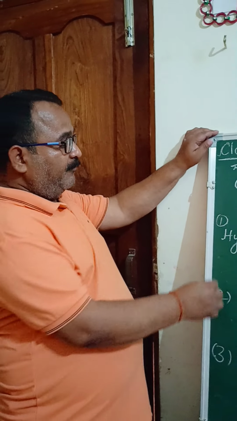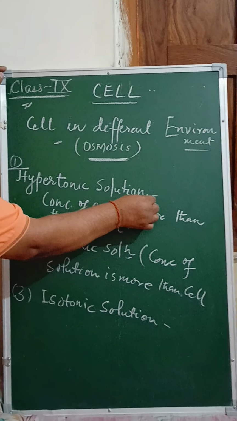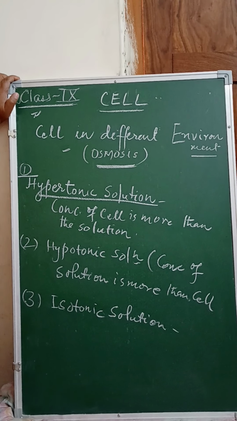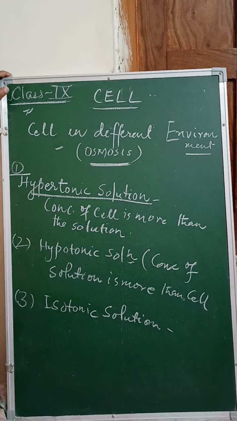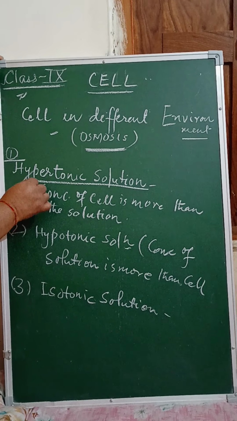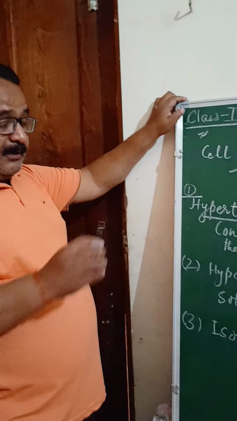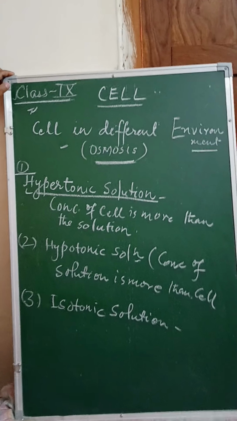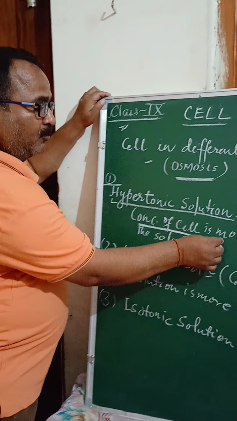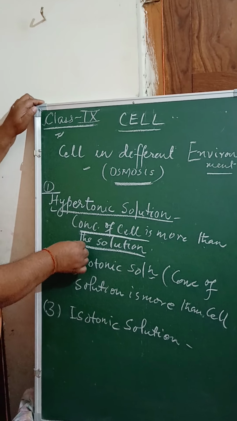So now we come to the first one. How does it happen in a hypertonic solution? First we need to know what the condition is in a hypertonic solution. When we go into the hypertonic solution, we see that the concentration of the cell is more than the concentration of the solution.